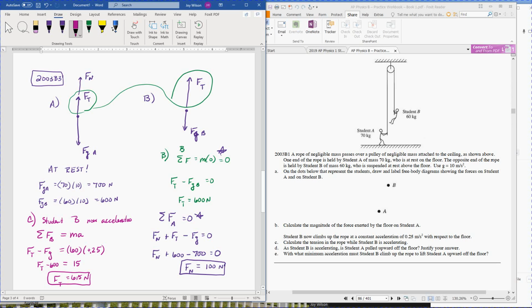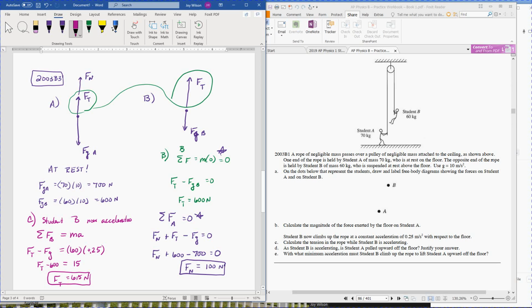What's really happening is the kid on the right, student B, is pulling down on the rope. But as he pulls down, the rope responds with the action-reaction and pushes the kid up the rope, or friction pushes the kid up the rope. Either way is fine to think about for right now. And so now the kid on the left has to support more force because of the acceleration of student B.